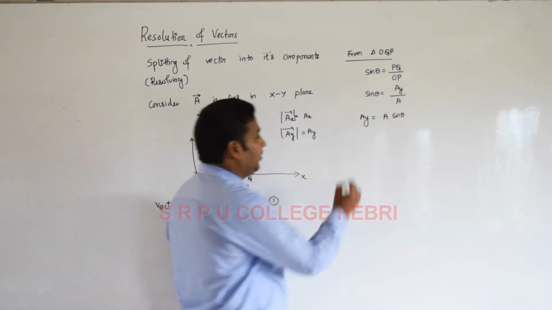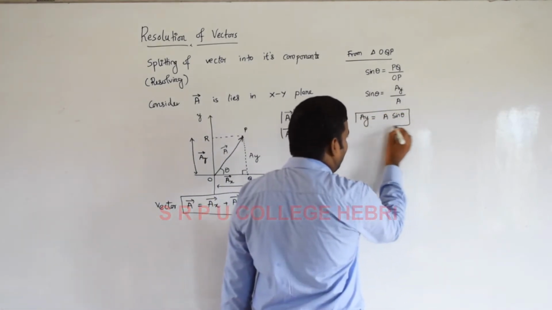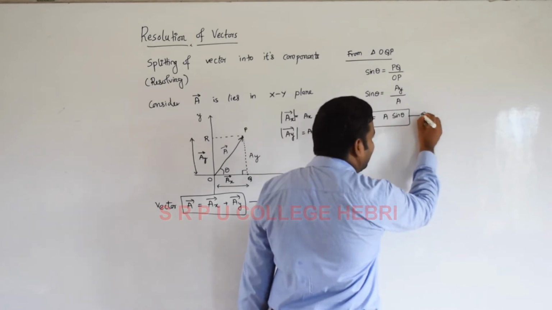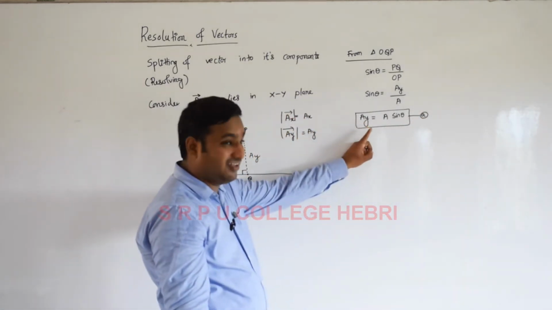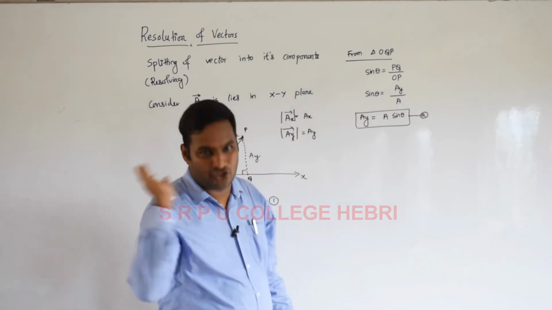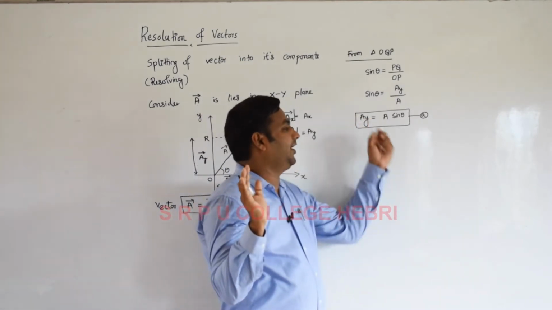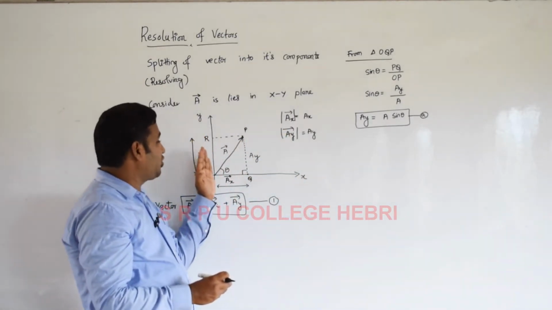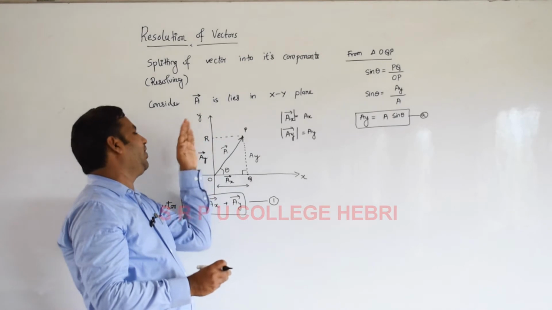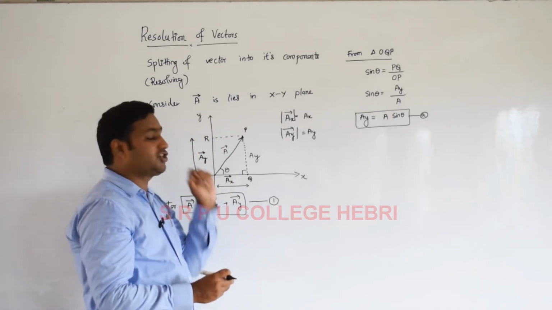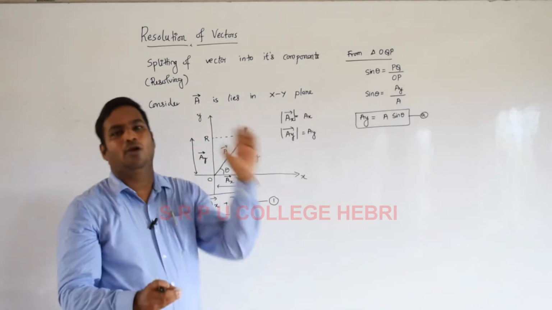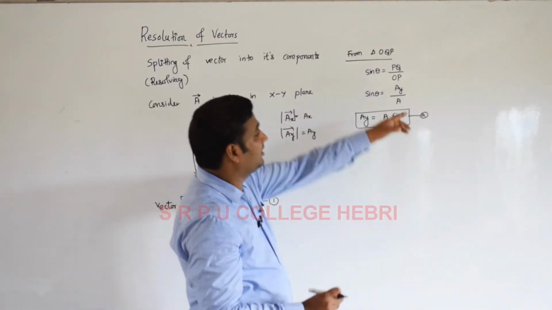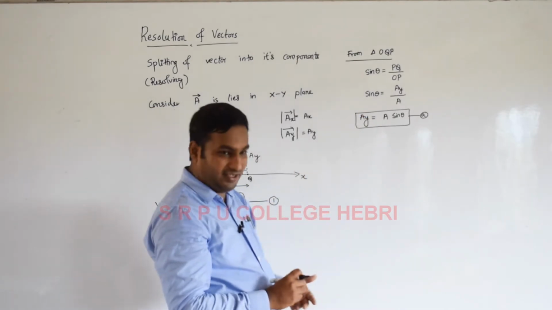This is the component of vector A along y-axis, or in a simple way, it is the projection made by vector A along y-axis. Here AY is equal to A sine theta, which I call equation number A.